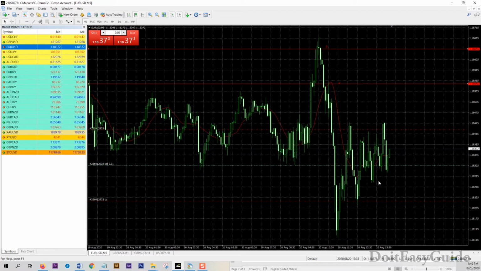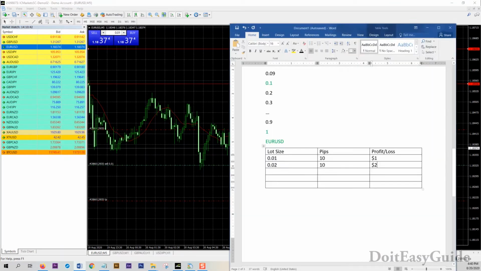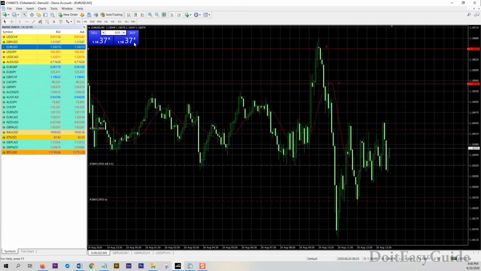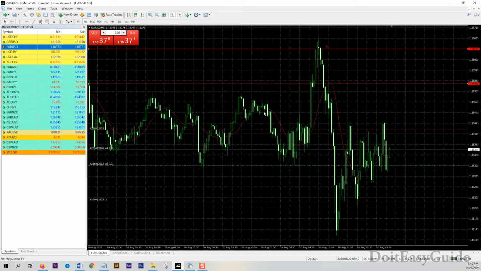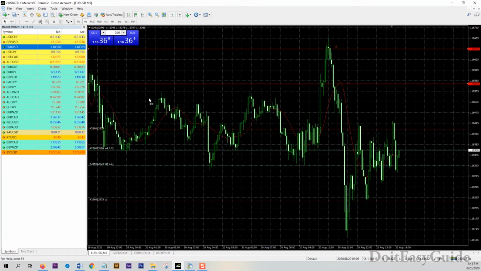So now if the price hits here, we will get a $1 loss. If the price hits here, we will get a $1 profit, right? So I'm going to place another trade. This time I will place 0.02, and I'm going to sell again. So this is the second trade, 0.02.